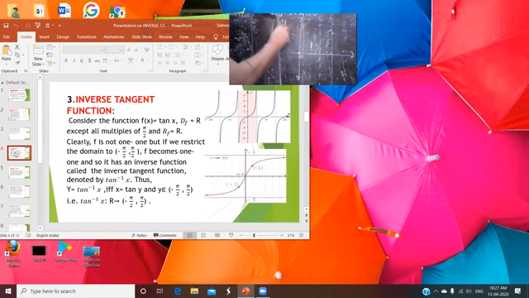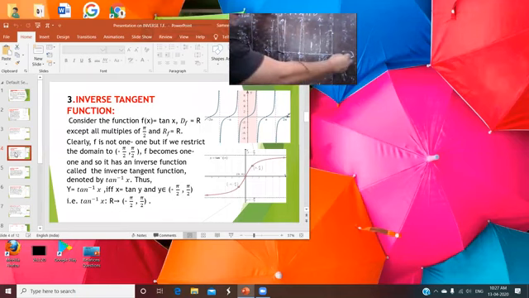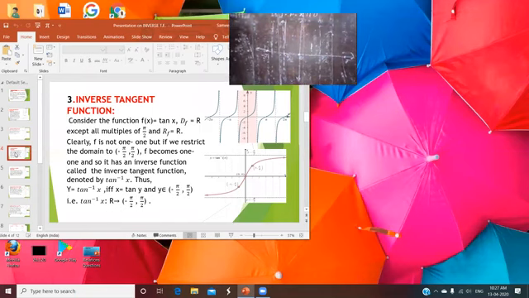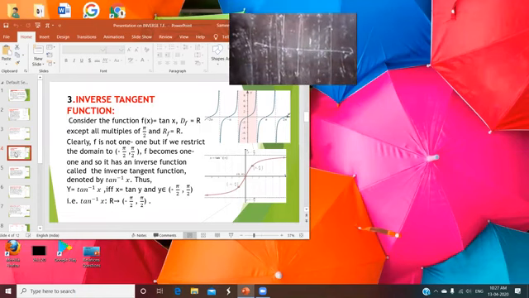For minus pi by 2, it is also not defined, so you also draw a dotted line. So here you have pi by 2, and this point is minus pi by 2, and for pi it is 0, and for minus pi it is again 0. So in this way, mark the points on the line.